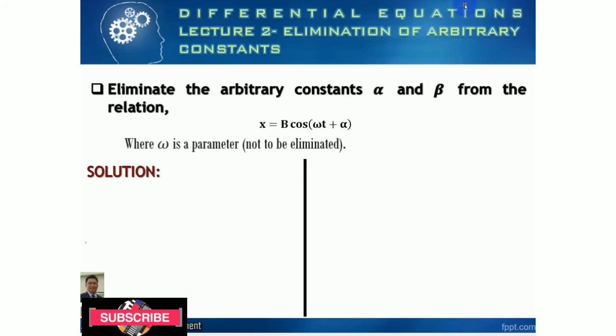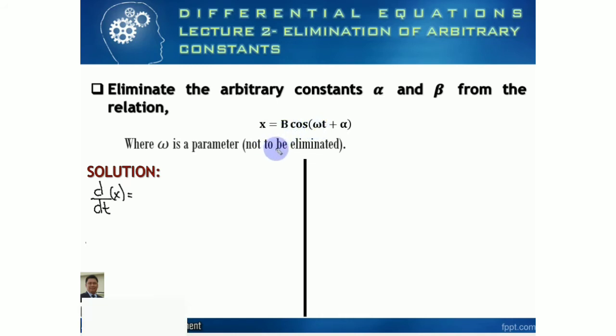Okay. We have here the derivative of x, dx over dt, which is equal to beta times the derivative of this cosine, plus this cosine times the derivative of beta.